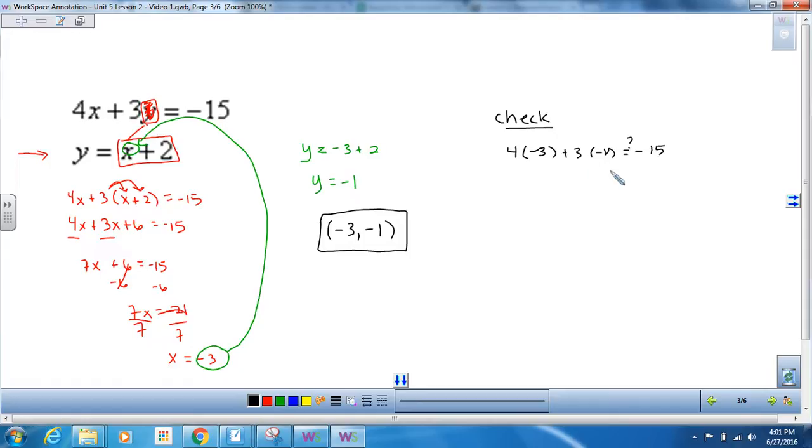That's negative 12 and negative 3, so okay. So it works for the first one. And the second. So I know my answer is correct. Okay, let's do that a couple more times.